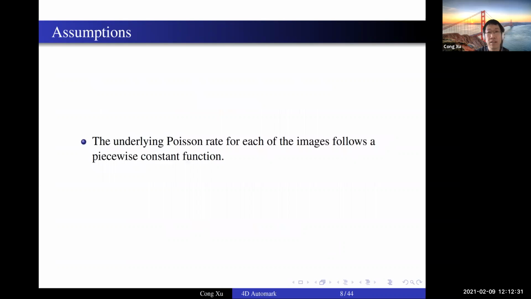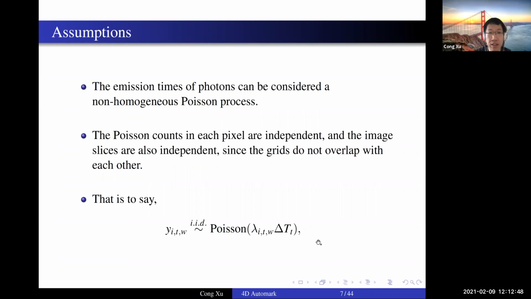So the other important assumption is that we assume the underlying Poisson rates, these lambdas, for each of the images follow a piecewise constant function. Which means we add some structure onto this lambda.